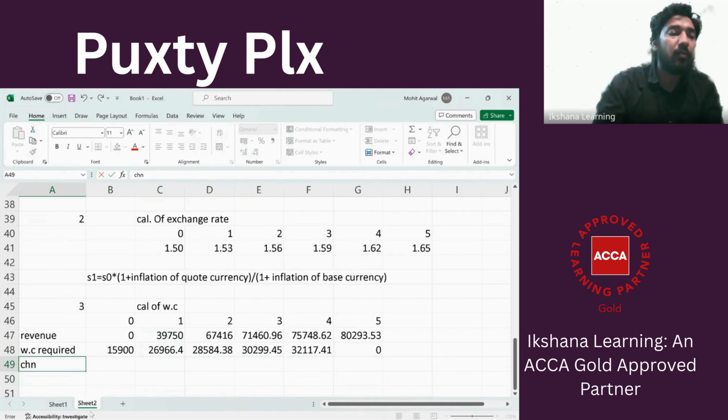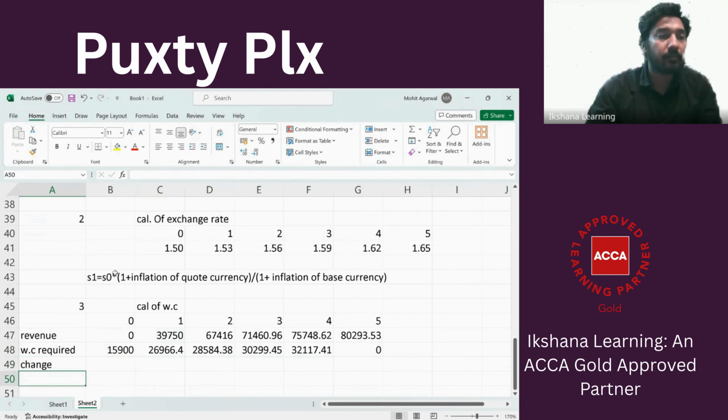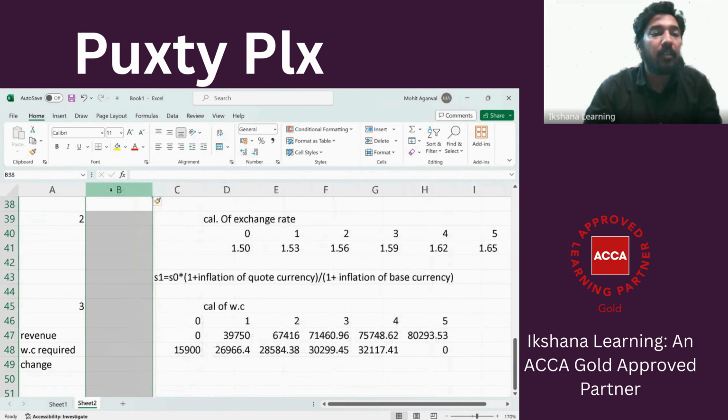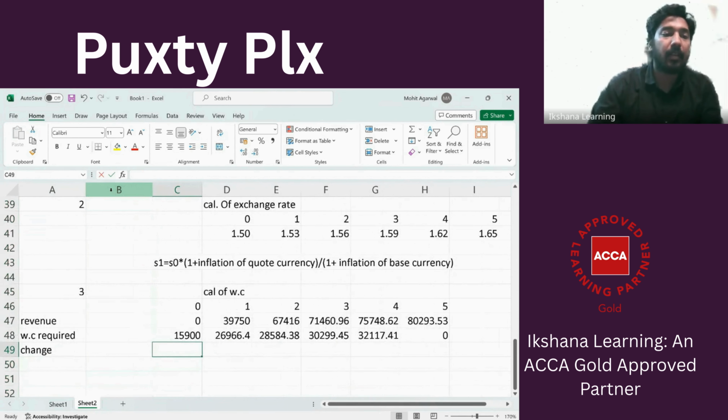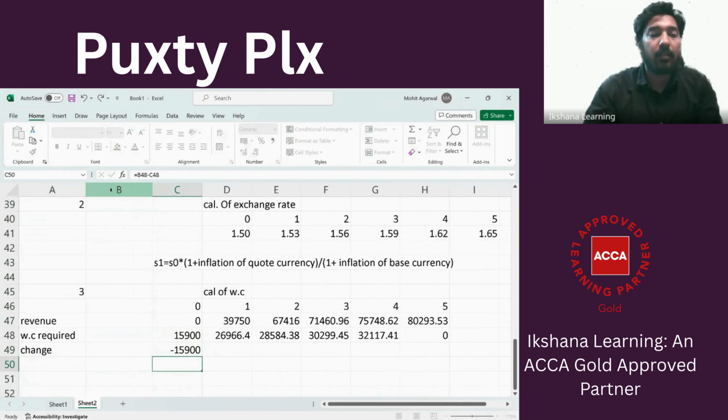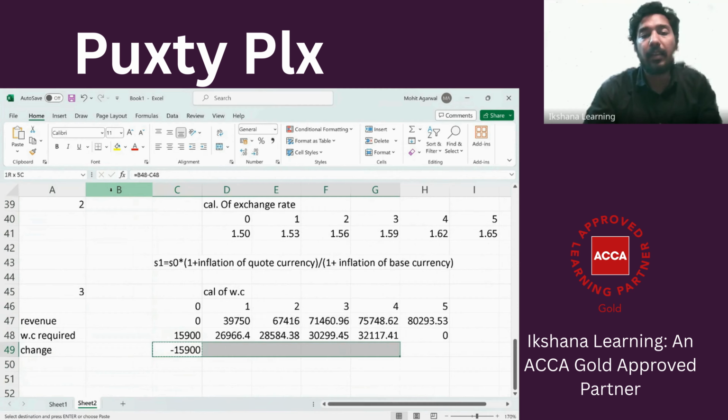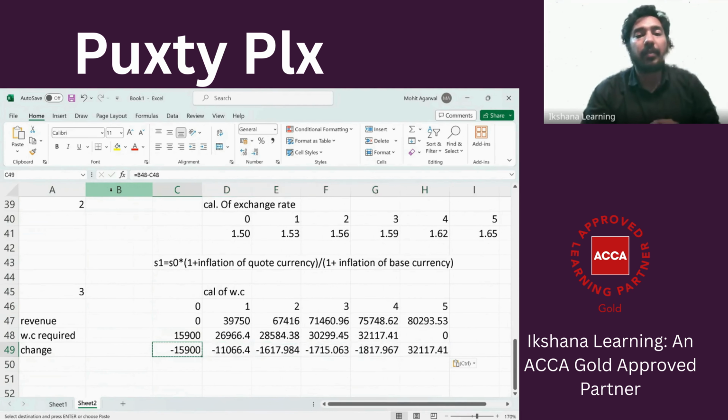Now what you have to calculate here is the change, all of you remember. Change is always old minus new. Automatically you will get your working capital. In the end you will get the recovery.